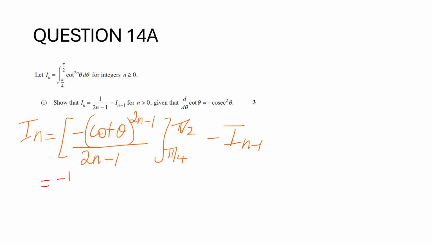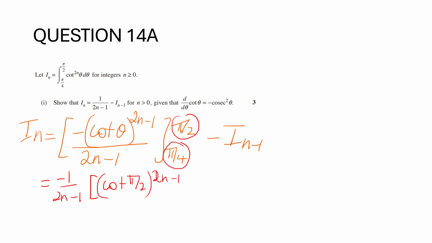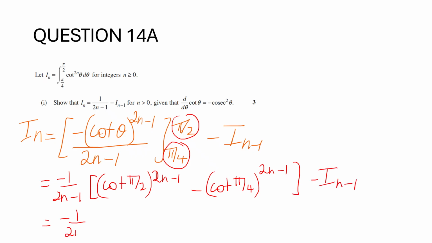Which is equal to, let's take that 1 on 2n minus 1 out the front, and we're going to substitute the pi on 2 in for theta and then subtract what we get when we substitute in pi on 4. So it's cot pi on 2 to the power of 2n minus 1, take away cot pi on 4 to the power of 2n minus 1, take away I_(n-1), equals negative 1 on 2n minus 1.